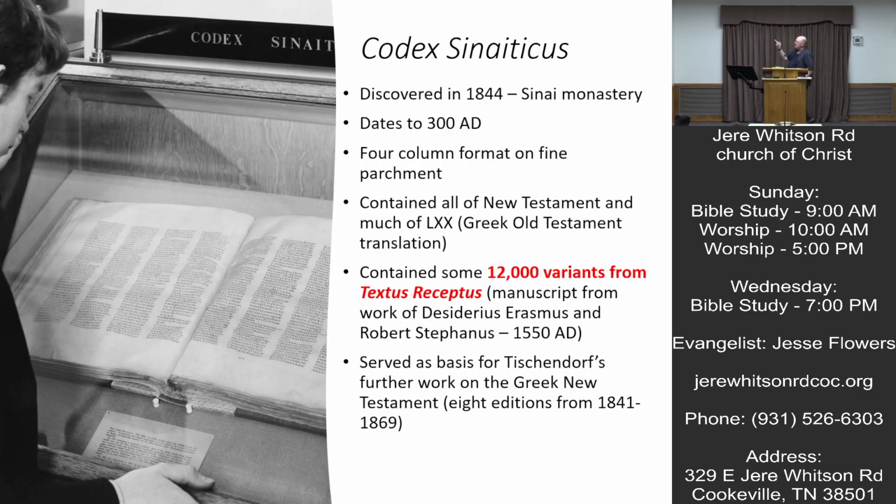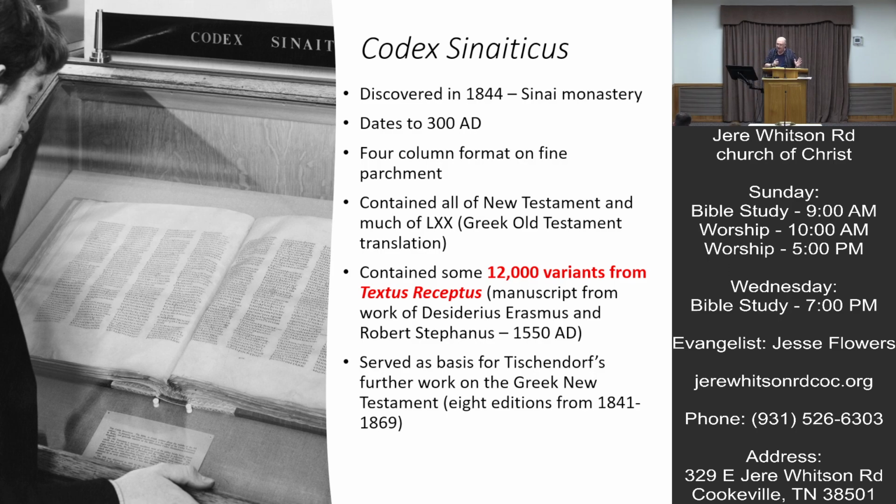So some of the things about it. This is 1844. This is when Tischendorf found it. The document goes back to 300 AD. And you can see it's in the standard 4-column way of doing things. Some of the ones in the 3rd century, they started doing it this way.